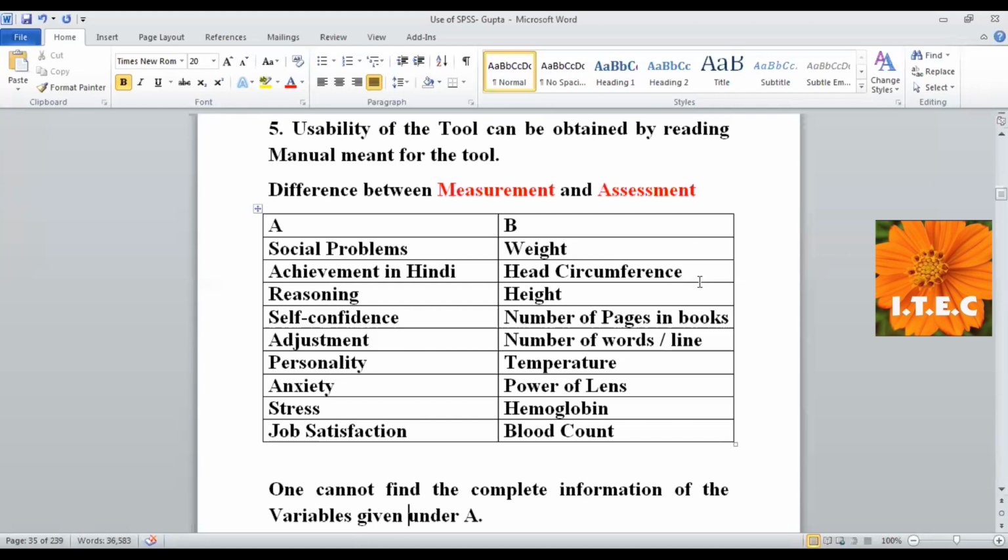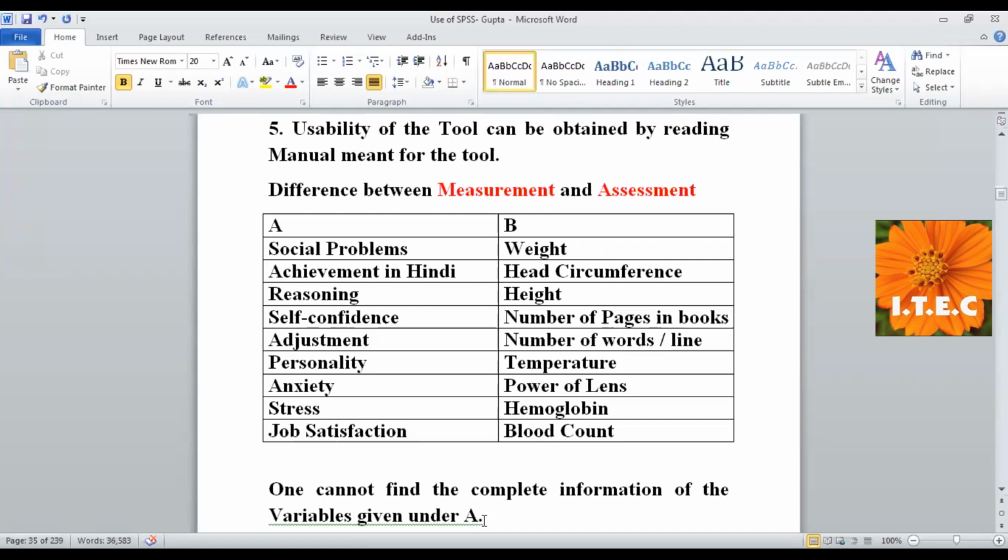You can take the measuring tape and take it around your head. You can find out the complete head circumference. You can find out your complete height. So one can find the complete information of the variables given under B.